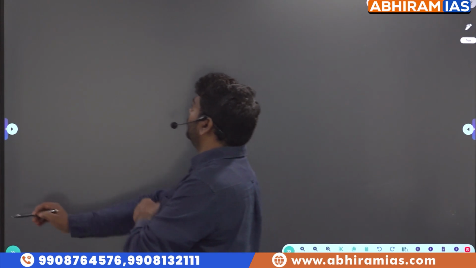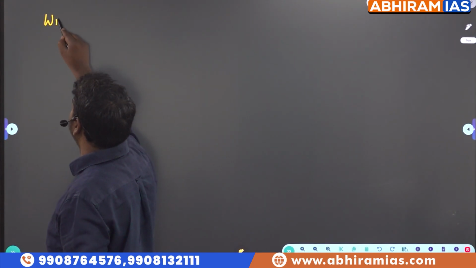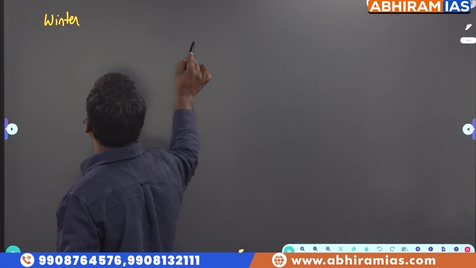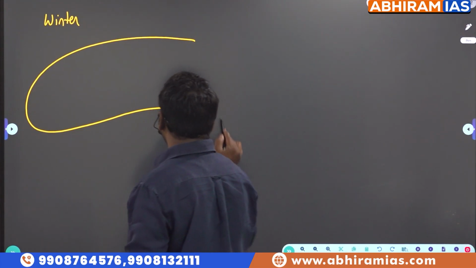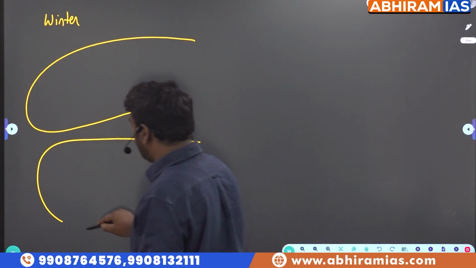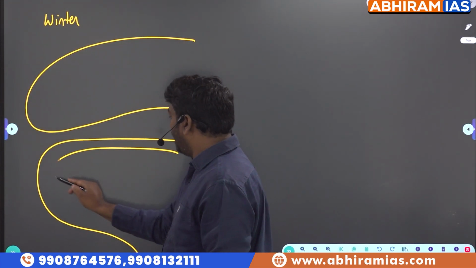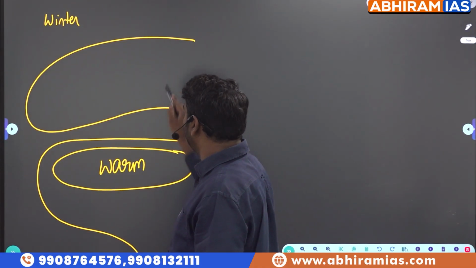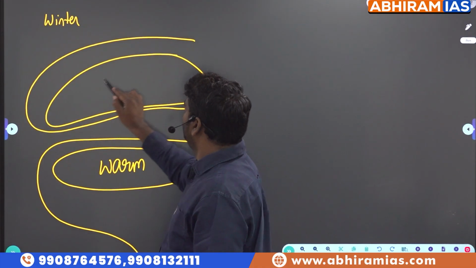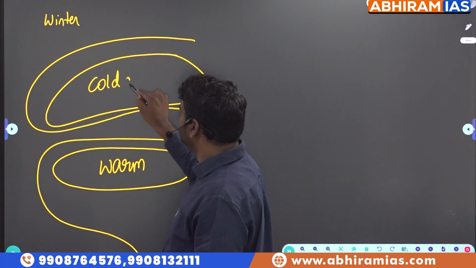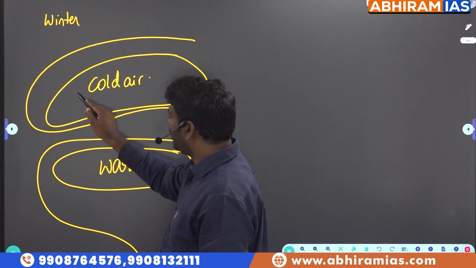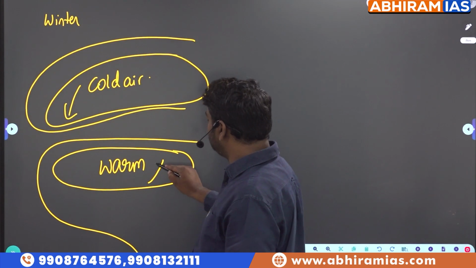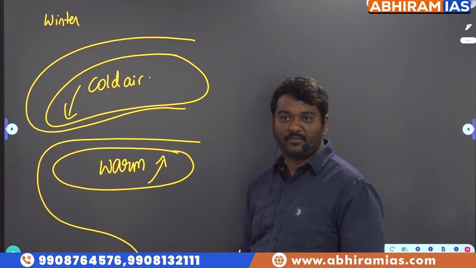See guys, during winter season, you have Mediterranean Sea, you have Africa. Africa has warm air mass, that is Sahara has warm air mass. Europe has cold air mass, right? So there will be mixing of warm and cold air mass.